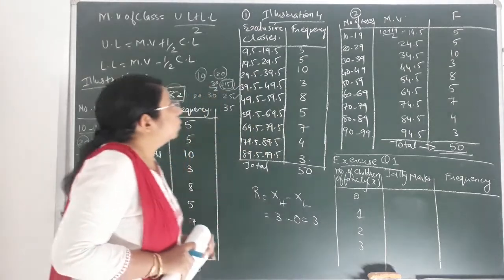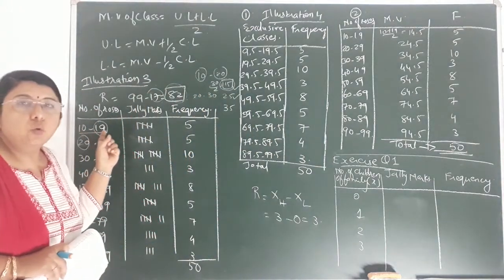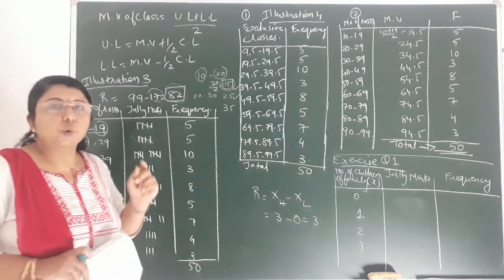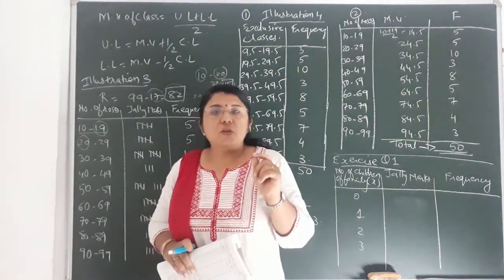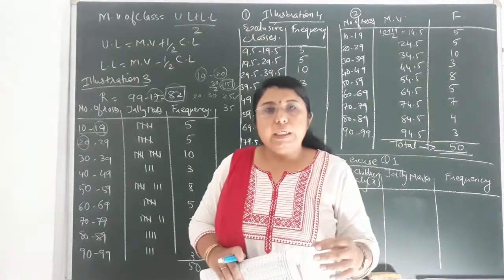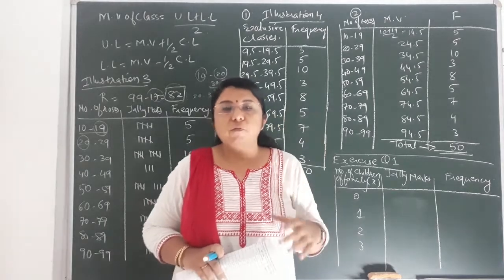Okay. So over here you can see the first inclusive class, that is 10 to 19. Now I have taught you two methods to convert an inclusive class to an exclusive class. First, by the help of the formula you can calculate the lower limit and the upper limit of the exclusive frequency distribution.